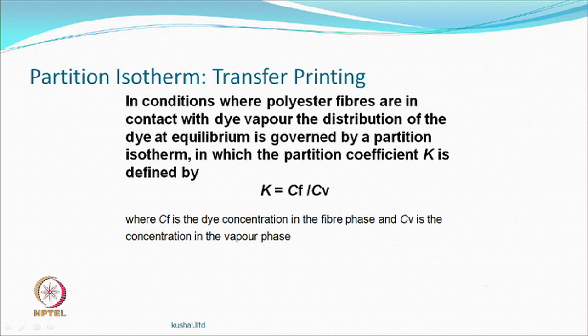We are not talking about how much dye was present in the ink on the paper. It is very difficult to find a correlation there. So, we are only interested in the dye which is in the vapor form. So, all you have to do is ensure that there is enough concentration of the dye in the vapor.